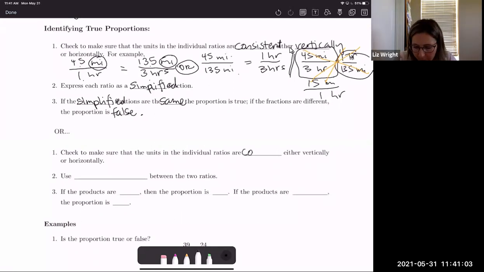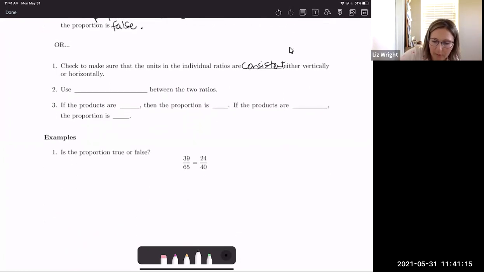Or we can check to make sure that the units in the individual ratios are consistent. So same thing, first make sure that your labels and units are consistent either vertically or horizontally. And then you can use cross multiplication between the two ratios.